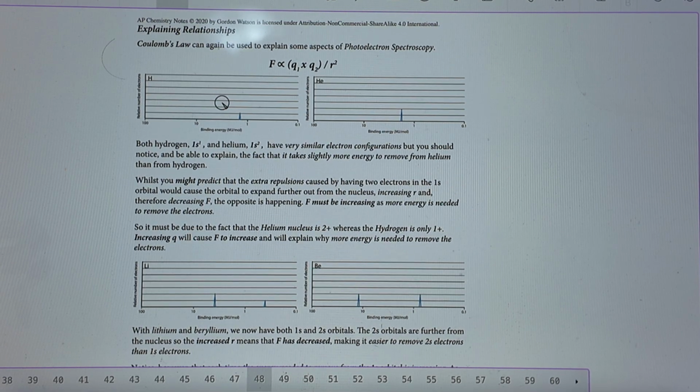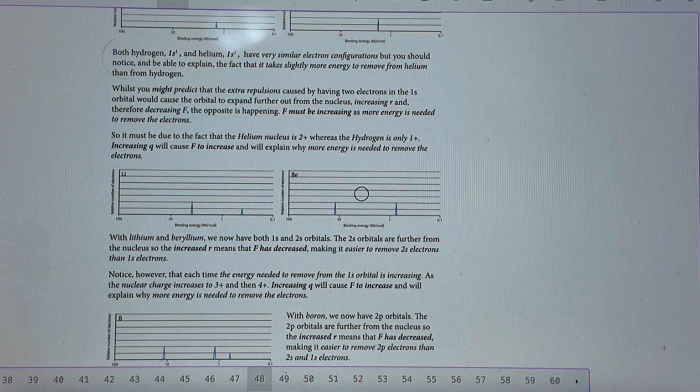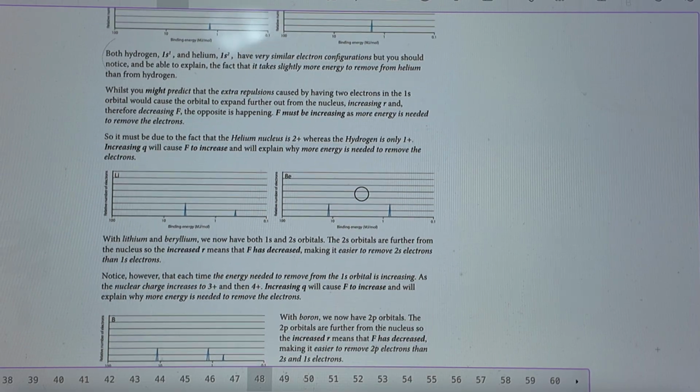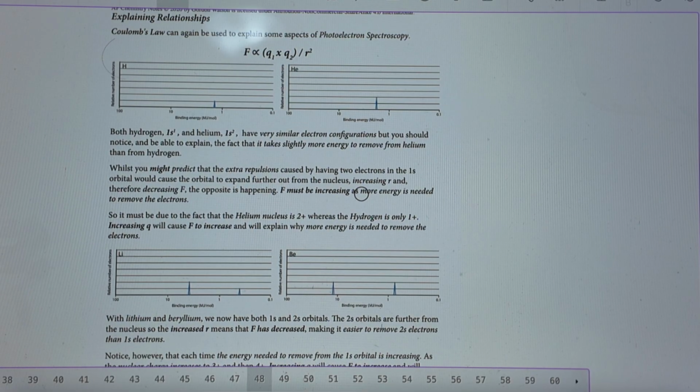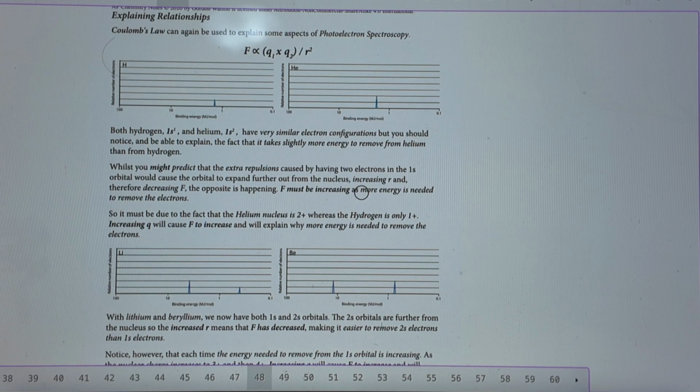So you are looking at these values here. And what they're saying basically is this F value is proportional to Q1 times Q2 divided by R squared.